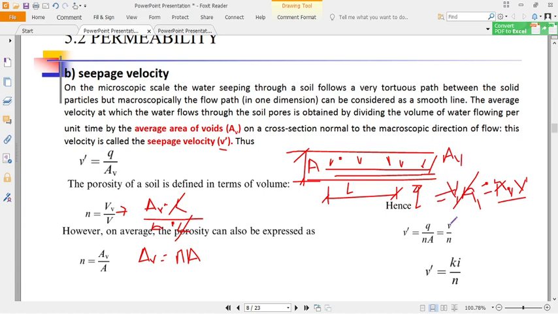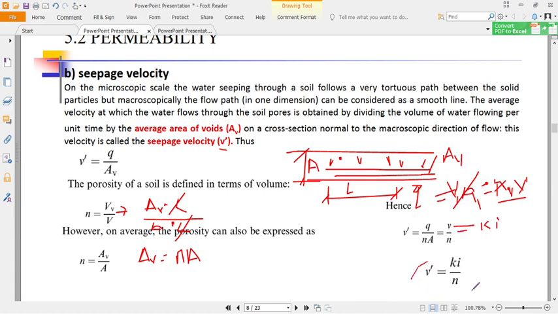Therefore, V' is equal to V over n. But what is V? We said this V, discharge velocity, is equal to K times i. Now if we just put Ki over n.